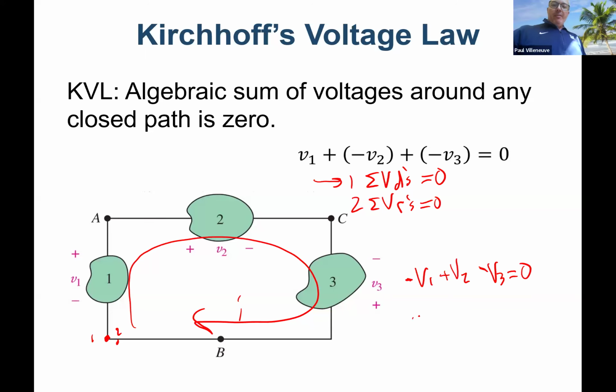If you use item number 2, you're going to end up with the same numbers ultimately, but most people are more comfortable using the sum of the voltage drops equals 0. Does anybody have any issue with us doing it with the sum of the voltage drops? Most likely that's what you were taught here.